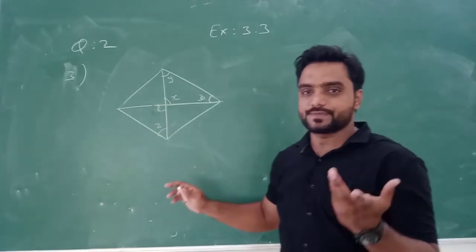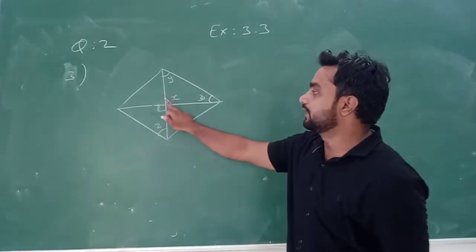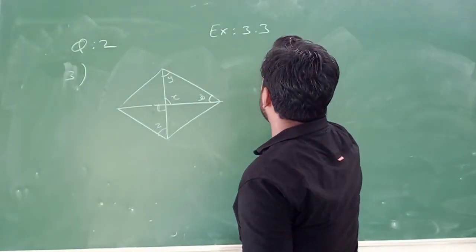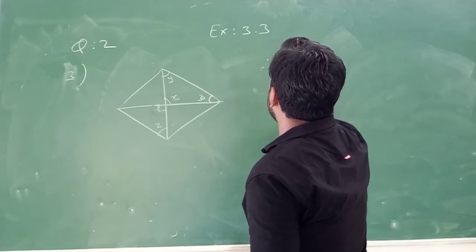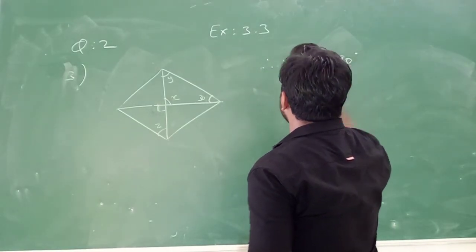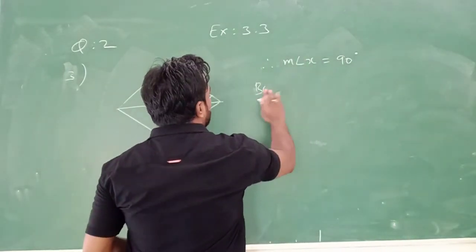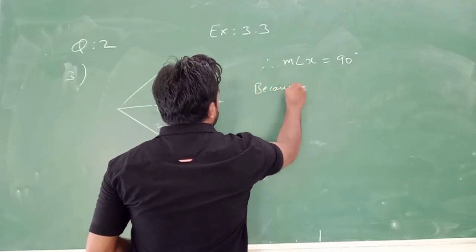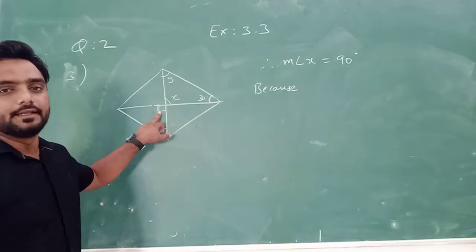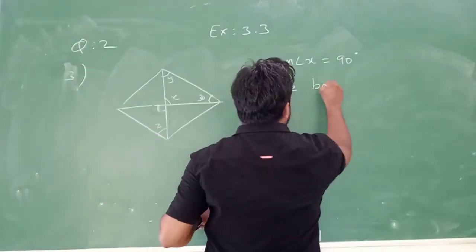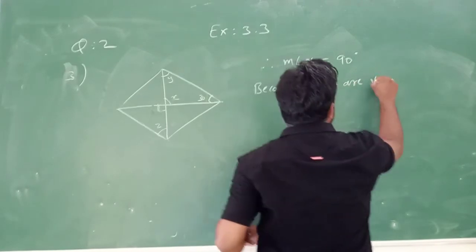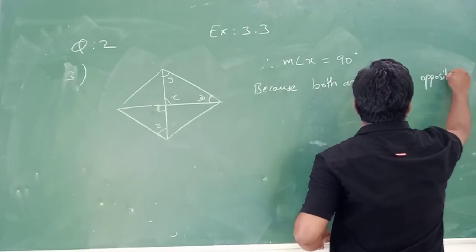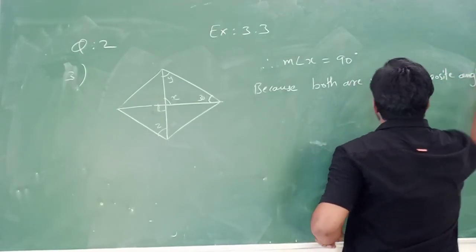जो आप 7th standard में already पढ़ चुके हो, कि vertically opposite angles का measure कितना रहता है? Equal रहता है. So according to that, therefore measure angle x is equal to how much? 90 degree, because x and 90 degree both are vertically opposite angles. ये चीज आप already 7th standard में पढ़ चुके हो.